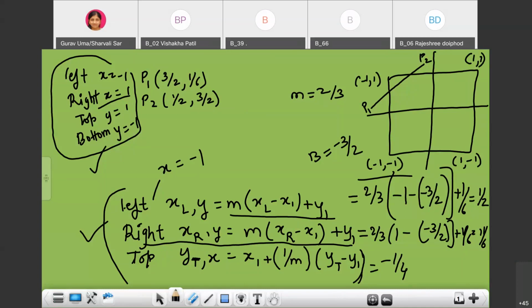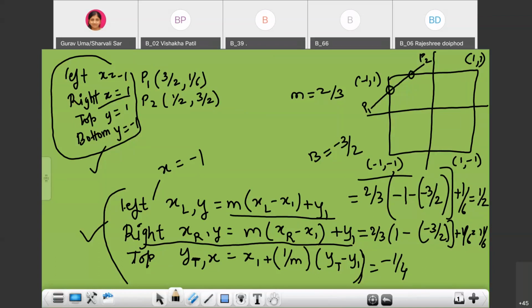Now what we are doing, we need to find the intersection of line P1 P2. With the formula, we have already calculated the left, right, top and bottom. With this help, we will be plotting the points. Once we have done with the plotting of points, we will get the answer of P1 dash and P2 dash, and those will be the intersection points.